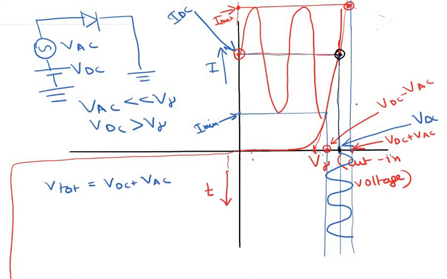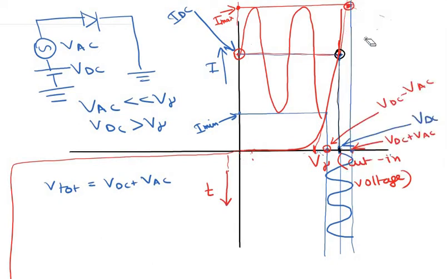Now the AC voltage would be oscillating on the top of this DC voltage. So for a small increase in the total voltage across the diode, how would I find the small increase in current? I basically would measure the slope of this curve over here.